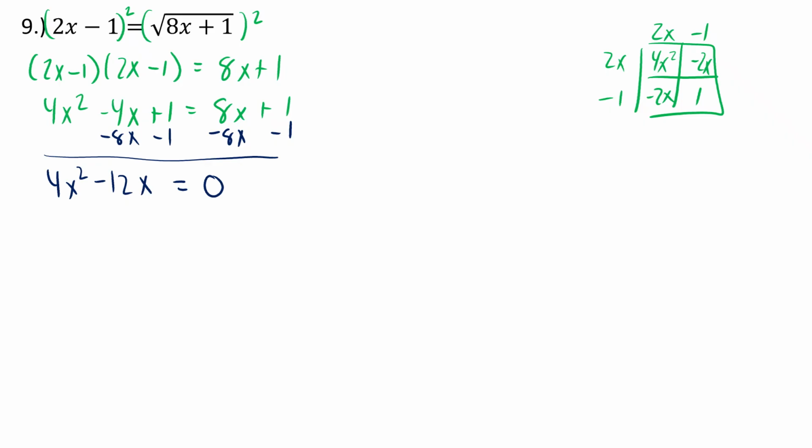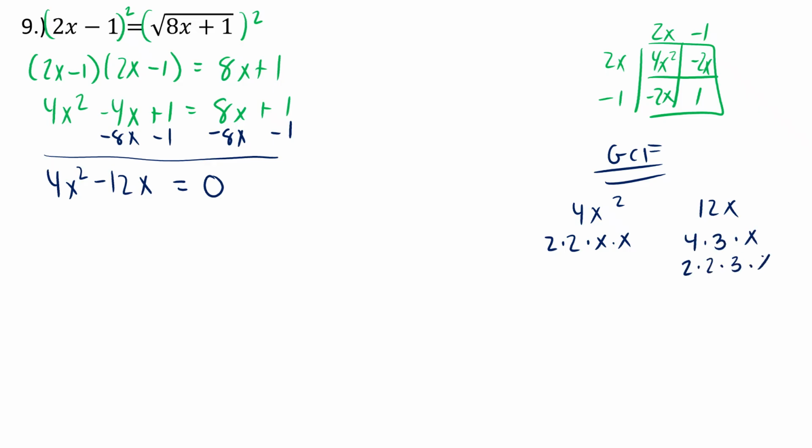So this actually spares me from having to do really messy factoring. At this point, we would look for a GCF. You could engage the quadratic formula here, but you probably don't want to. Now, if you want a quick review of how to find that GCF: we're looking for the GCF between 4x squared and 12x. Well, 4 factors into 2 times 2, and x squared is x times x. The 12 would factor into 4 times 3 times x, and then the 4 would factor again.